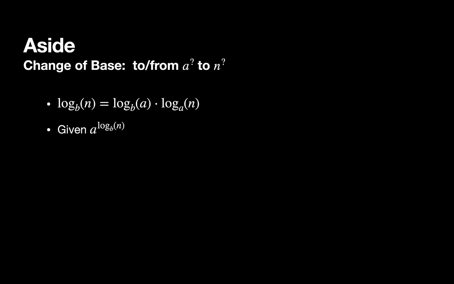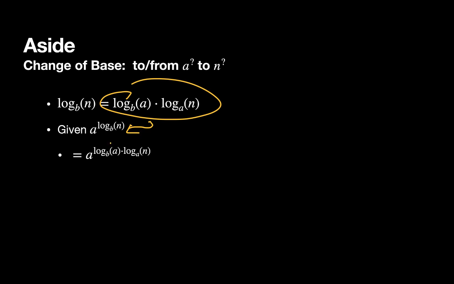So again, I'm going to substitute this into this expression. a to the log base b of n is equivalent to a to the log base b of a times log base a of n. And then I can just reorganize which of these is in which spot, commute them. So that's equivalent to a to the log base a of n times log base b of a.